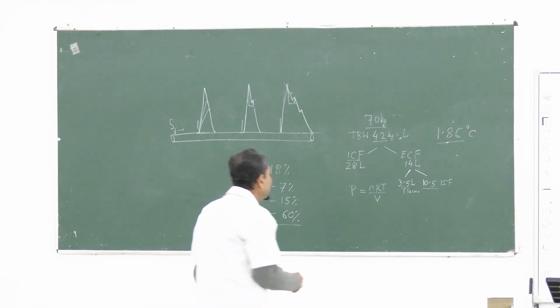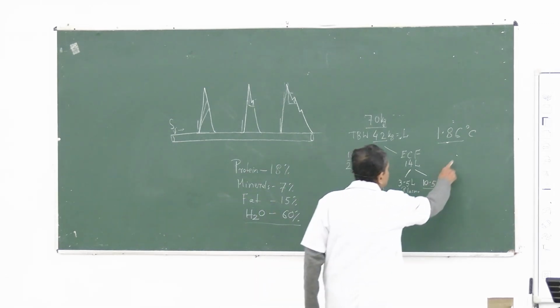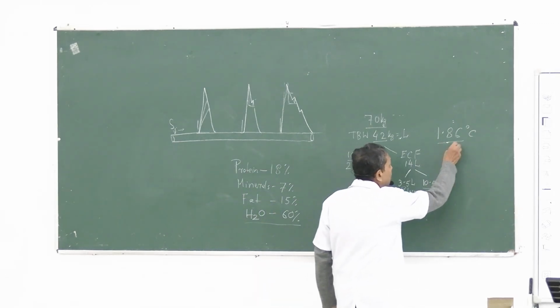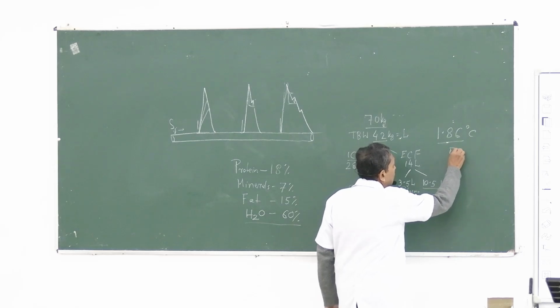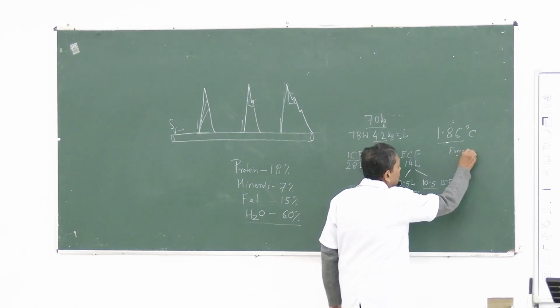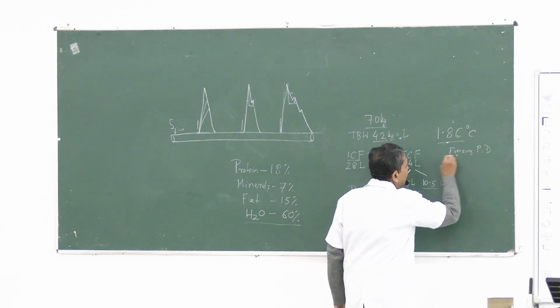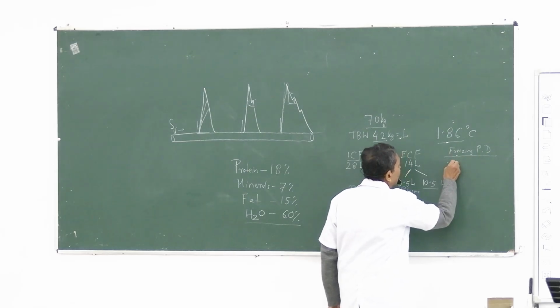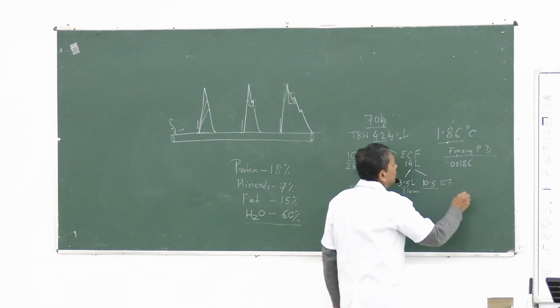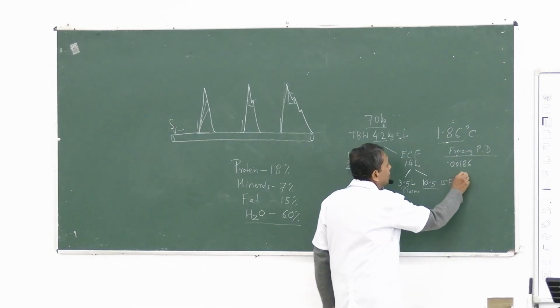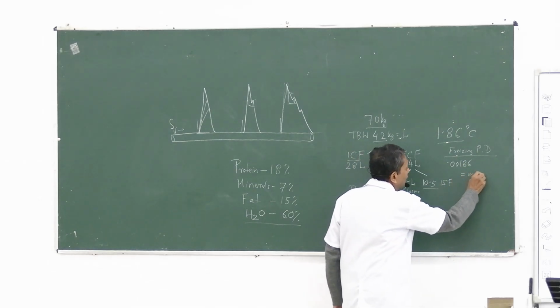So in that case, it is this freezing point depression divided by 0.00186. It indicates the millimole or milliosmole per liter.